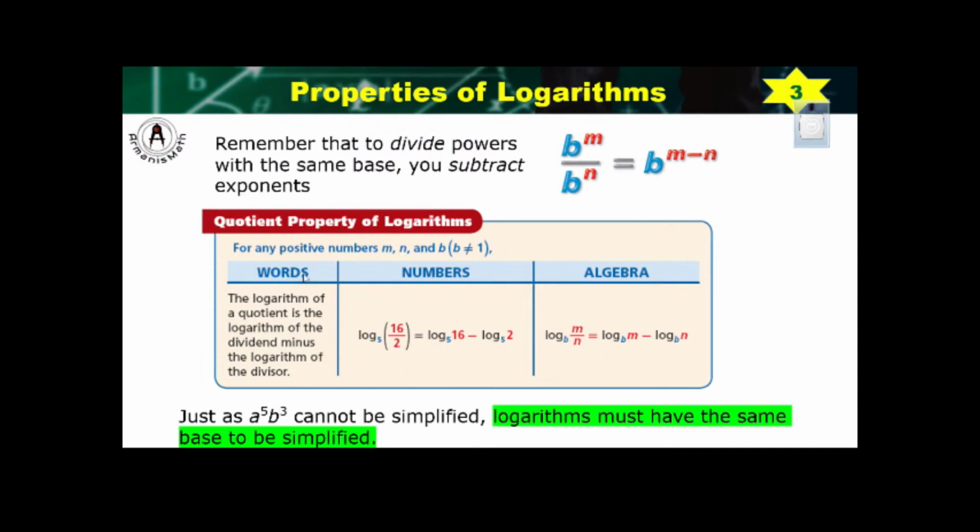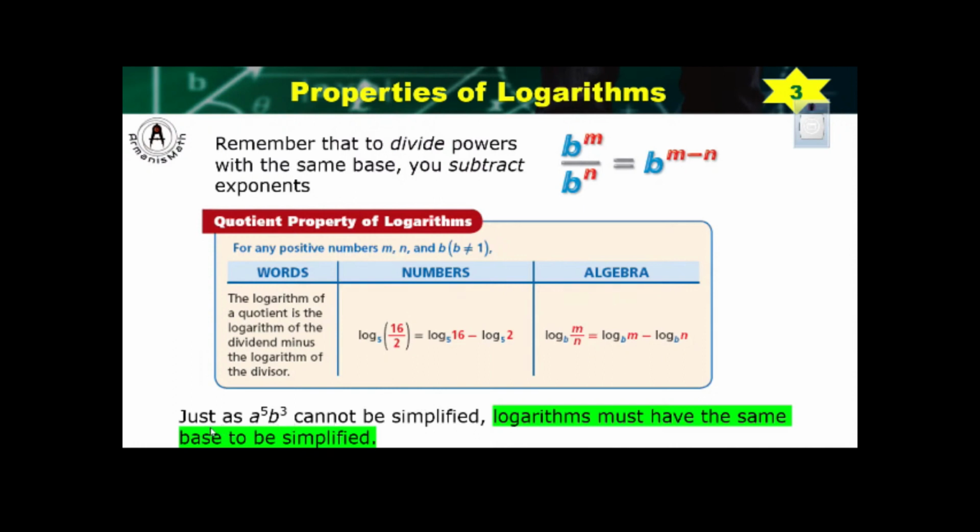Well, what happens in the quotient or the division property of logarithms is if you have, for example, log base 5 of 16/2, you could actually make this division a subtraction. That becomes log base 5 of 16 minus the denominator, log base 5 of 2. And that's how you do this kind of problem. You could go from subtraction to division or division to subtraction in logarithms.